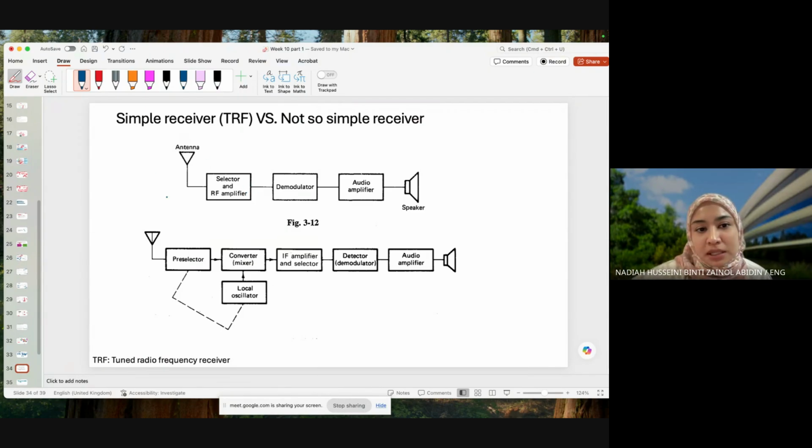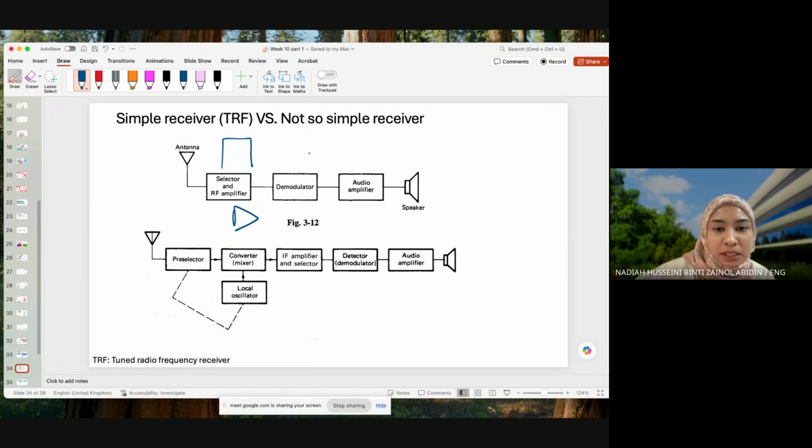Okay, so this is the simple receiver. We start with our antenna. It is receiving anyway, that's why we start with the antenna. We have a selector, which is our filter, and then we have our amplifier, which is this dude over here that we learned way back in week 1 and week 2.